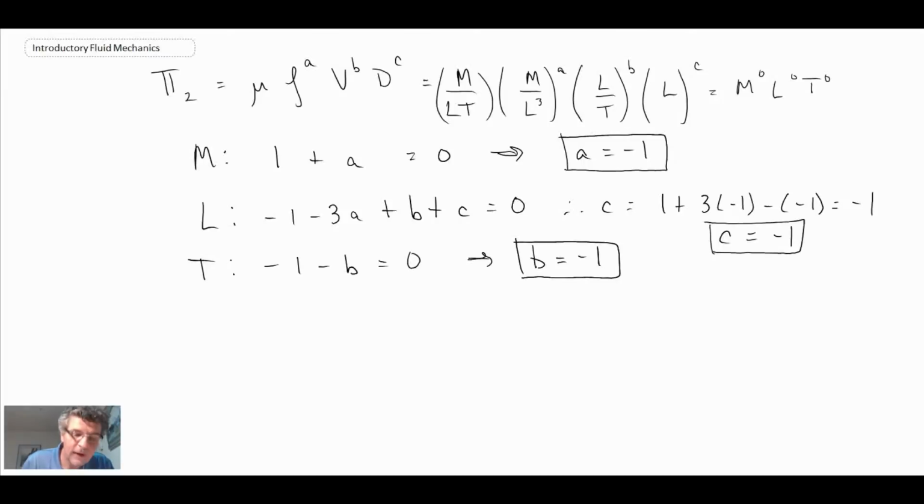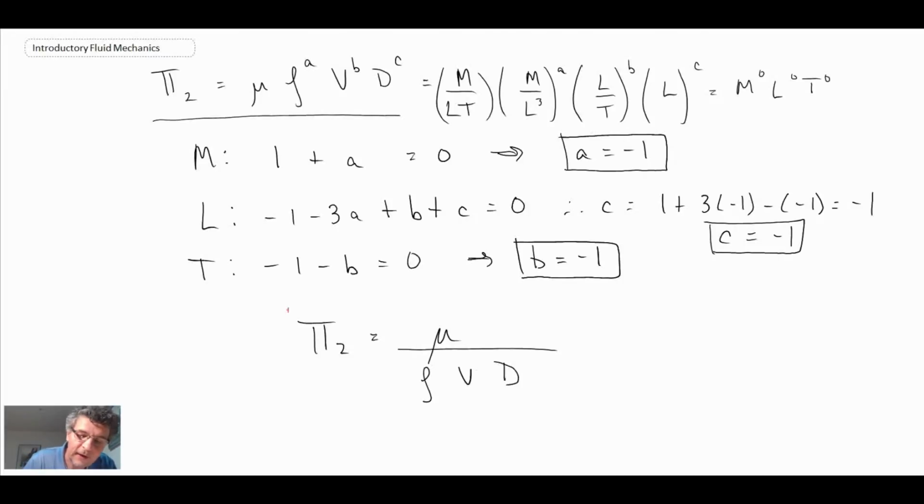So, coming back to our pi parameter up here, we can rewrite that. Pi 2 is, we have viscosity, and everything else is going to be in the denominator, and so they're all raised to the power 1. So we have rho vd in the denominator.